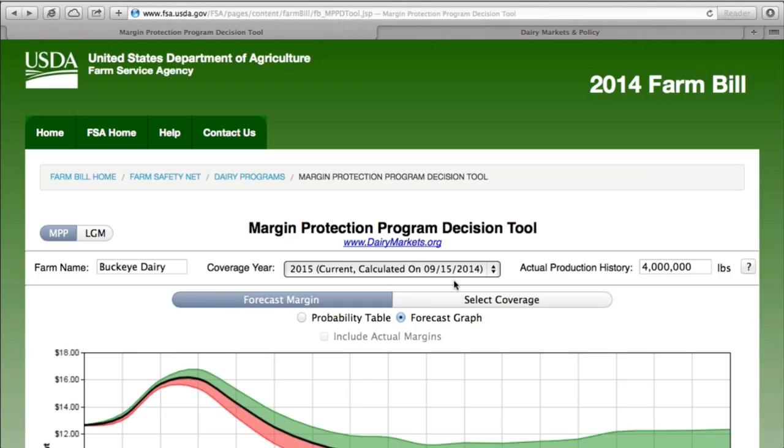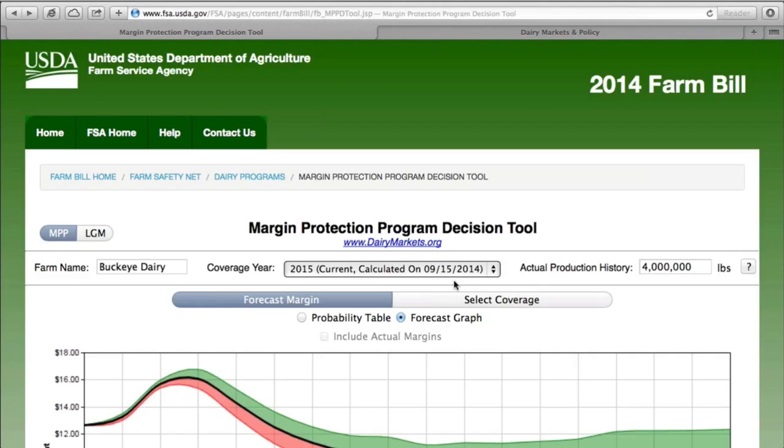For less than 10 cents, a farmer can get $5.50, $6 coverage under MPP dairy. That's less than the promotional fees that farmers have to pay. It's mandatory that dairy farmers across the country pay 15 cents into the promotion assessment funds. Yet you can get catastrophic coverage under MPP, some dairies can, for less than a dime. So it could be a smart risk management decision.